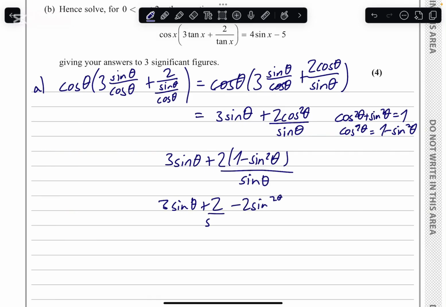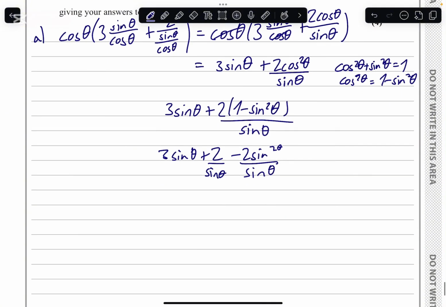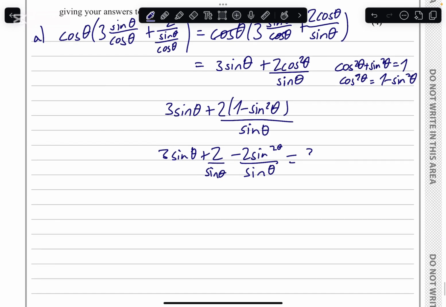And if we separate these two, like so, we can simplify this and get 3 sine theta. This will be cancelled out and it'll leave us with minus 2 sine theta plus 2 over sine theta.